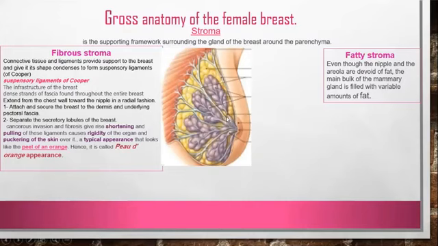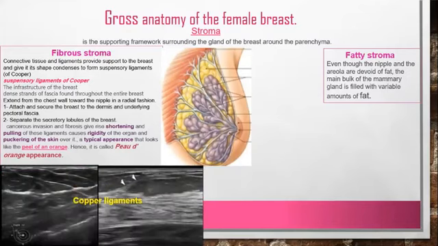And if these are infiltrated by breast cancers or by malignancy, they get triggered and shortened, resulting in puckering of the skin, which can give the typical appearance of peau d'orange, or peel of orange.